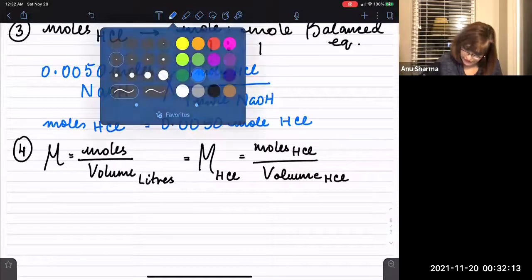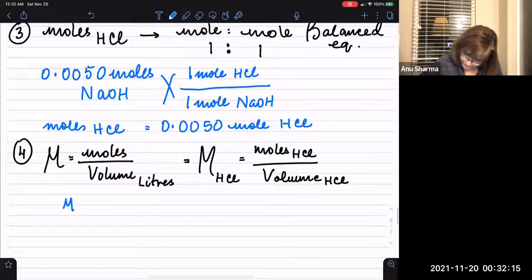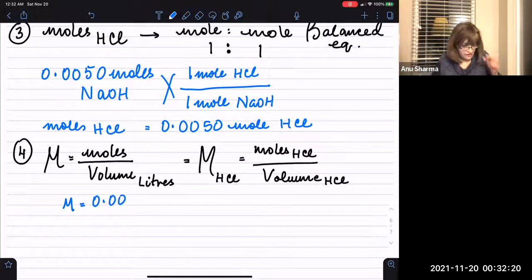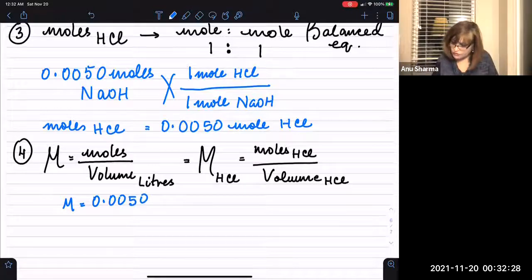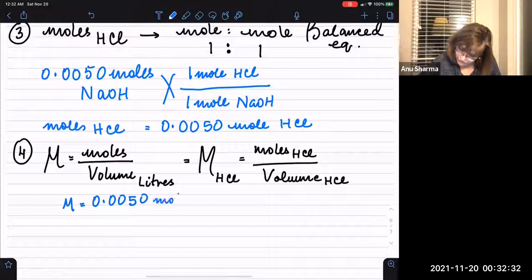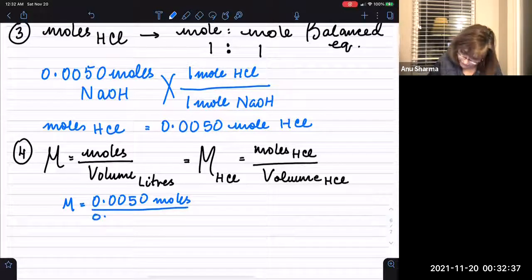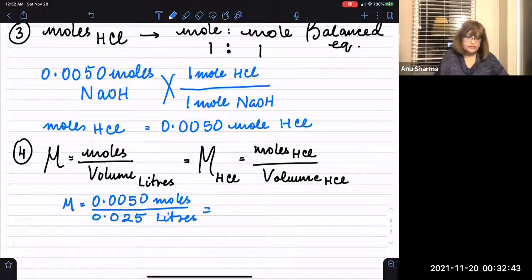So M is equal to 0.0050 moles over 0.025 liters. Okay, let's do this.